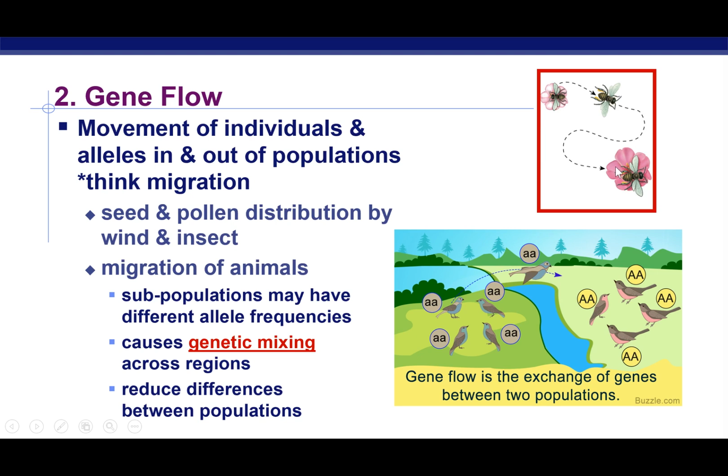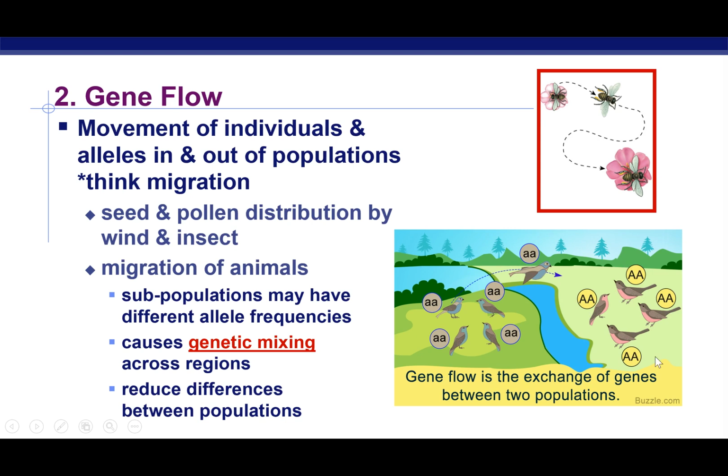Great example down here at the bottom too with birds. You have two separate populations of birds. They live on different sides of the river, so they're interbreeding with each other on this side of the river, interbreeding with each other on this side of the river. But just by chance, one of these birds decides to fly across the river and meet up with these other birds that it's never met before, and now it's going to introduce its alleles into this population of birds.